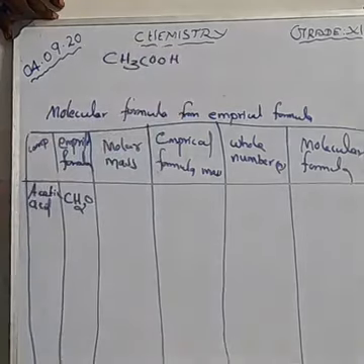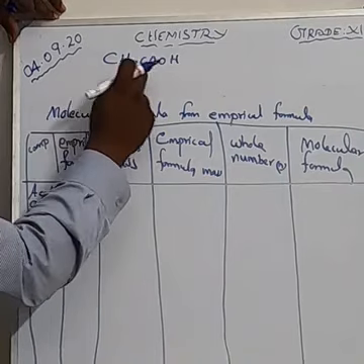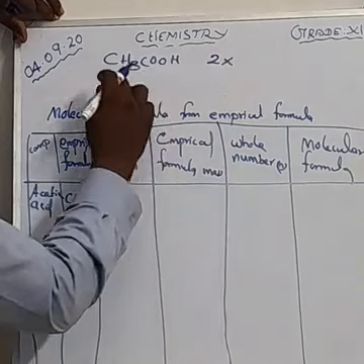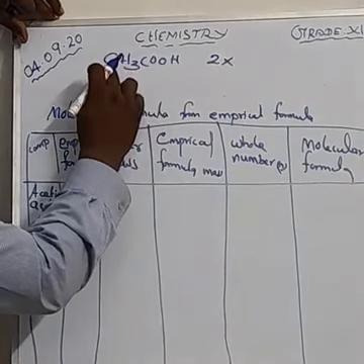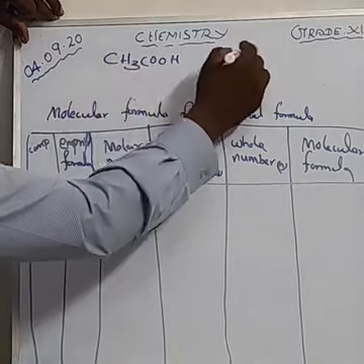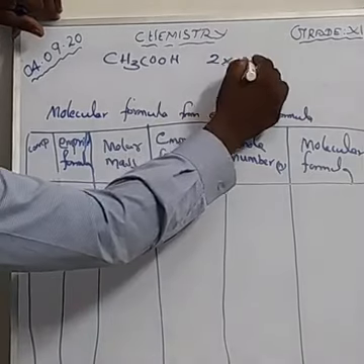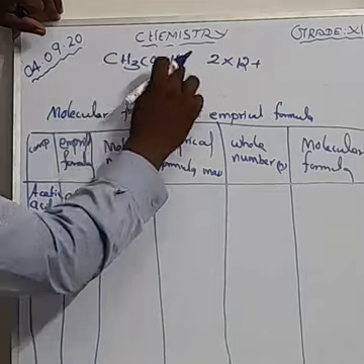Here, the number of carbon: how many carbons are there? 2. So 2 into 1 carbon, atomic mass 12, that is 24. Plus hydrogen, there are 4 hydrogens.